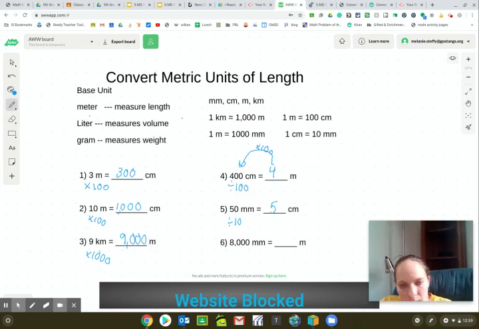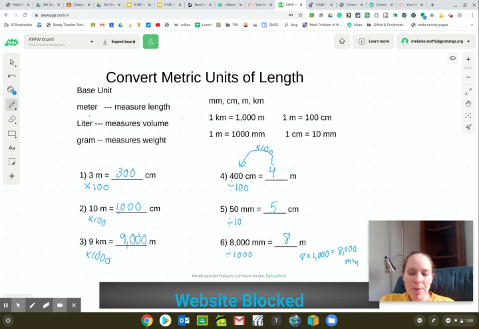So if I divide by 1,000, then I have 8,000 divided by 1,000. That gives me 8 meters. And I can check that by saying, well, 8 meters times 1,000 millimeters in each meter gives me 8,000 millimeters.